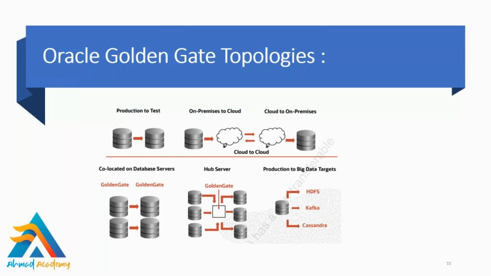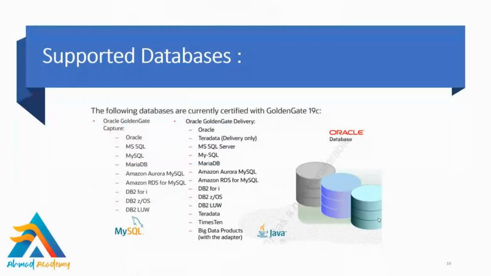Now, what are the supported databases we have? These are the supported databases with 19c. GoldenGate is ideal for heterogeneous environments. It does not just support different versions of the same database or operating system hardware, but it will replicate and integrate data across vendor systems.